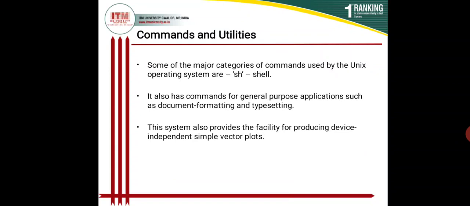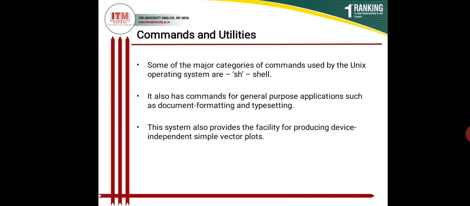In the Unix operating system we also have commands that will be used for general applications, like the formatting of documents, like typesetting of documents. The Unix operating system also provides the facility for producing device independent vector plots.